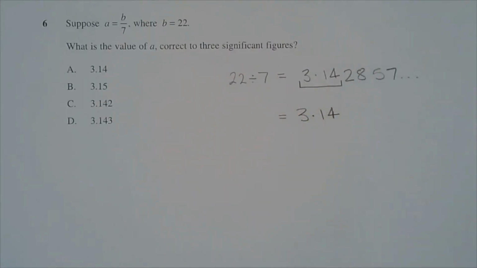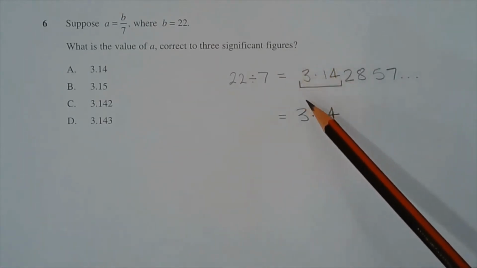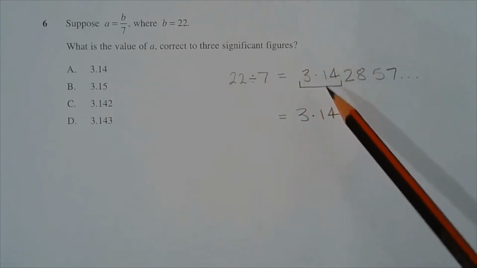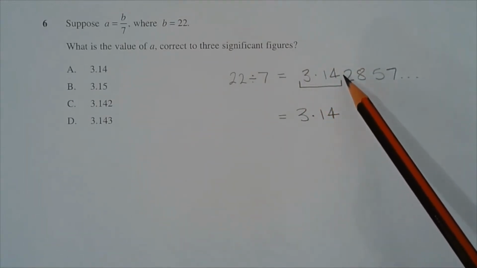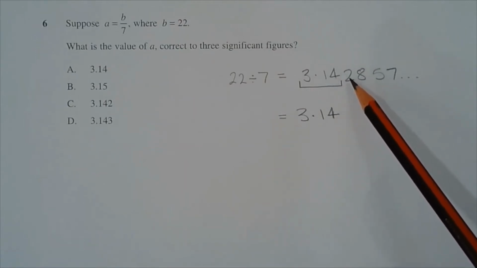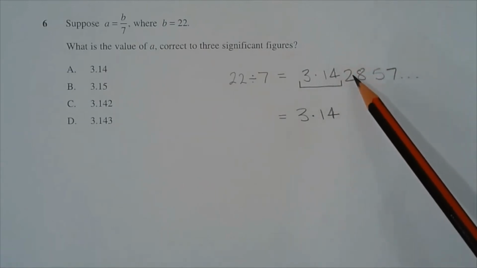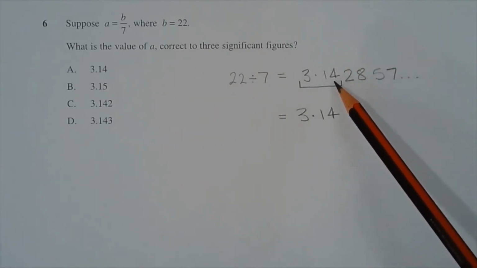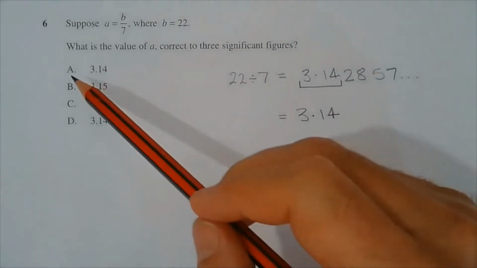Now, rounding to 3 significant figures is done by starting with the first non-zero digit, which happens to be the 3, and then writing down the first 3 digits including that 3. In this case, it's 3.14. Now, we also need to check the digit after the 4 and check that it's not 5 or more. If that's the case, then the 4 will need to get rounded up. But it happens to be a 2, so this 4 just remains as a 4. So the answer is 3.14, which is option A.